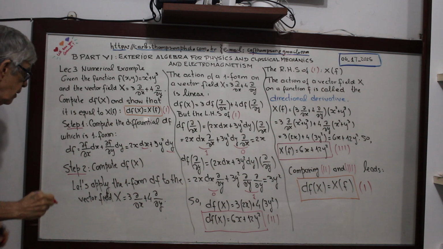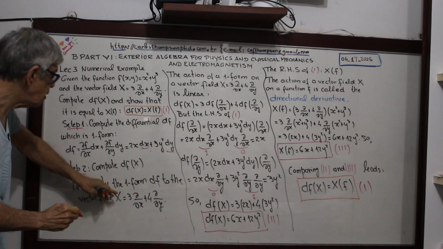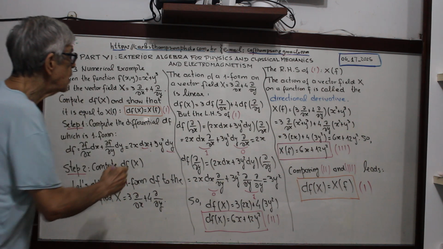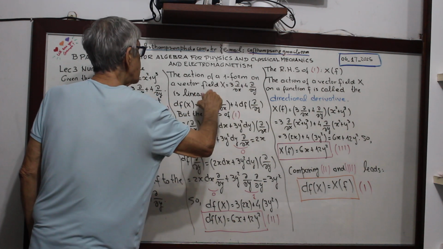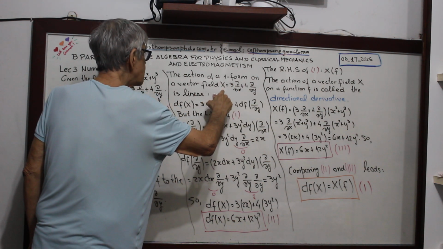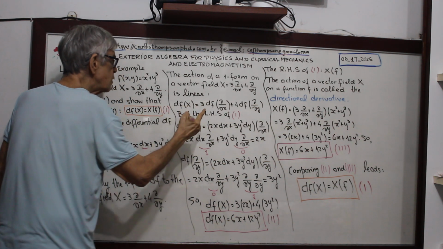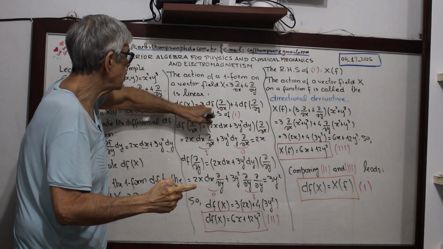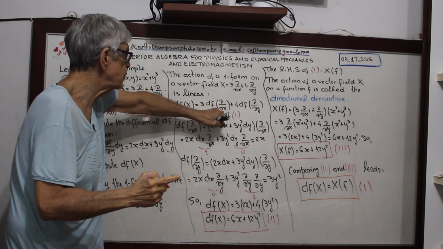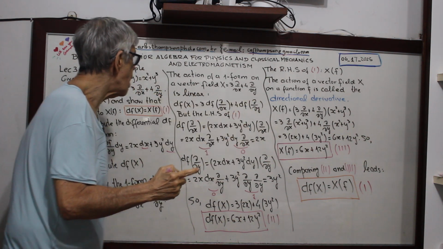Let's apply df to the vector field X. The action of a one form on a vector field X is linear. I just applied this. It's quite easy because this is 3 df applied to partial x plus 4 df applied to partial y.